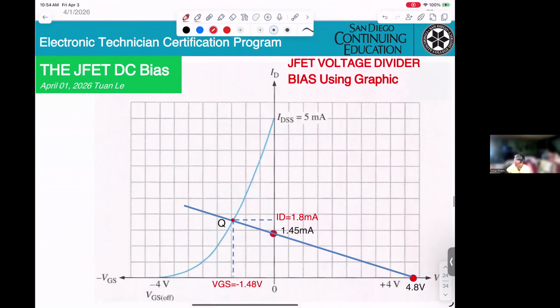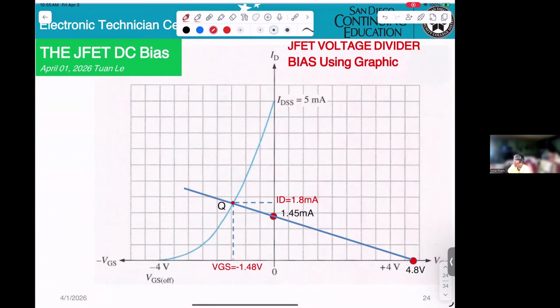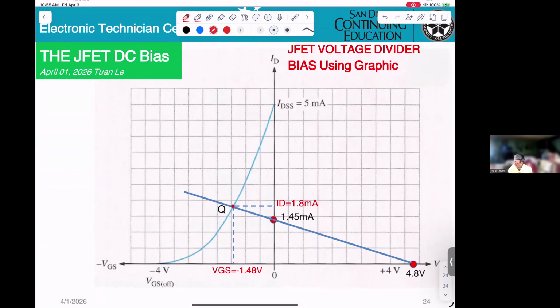That means they have to give you the graphic here, to solve for DC bias.